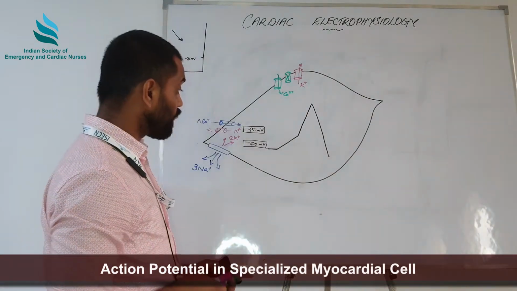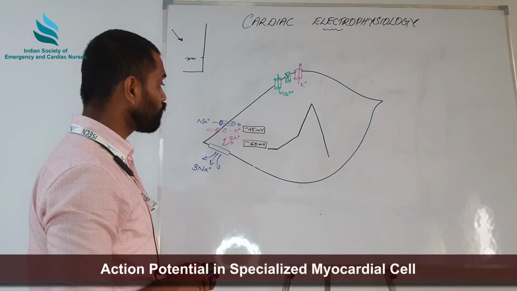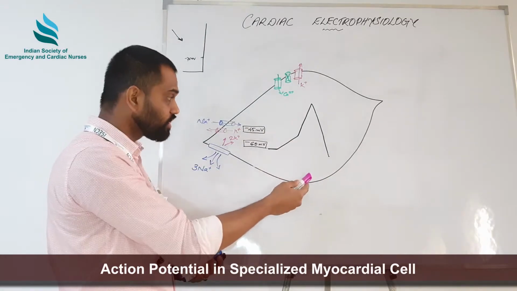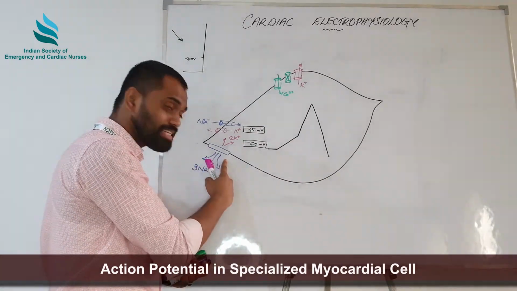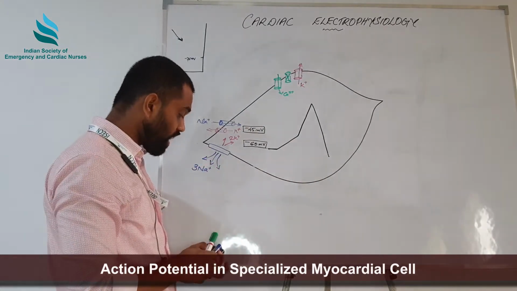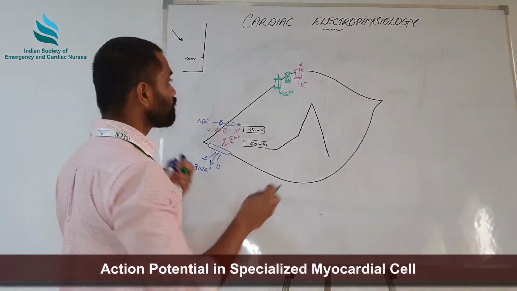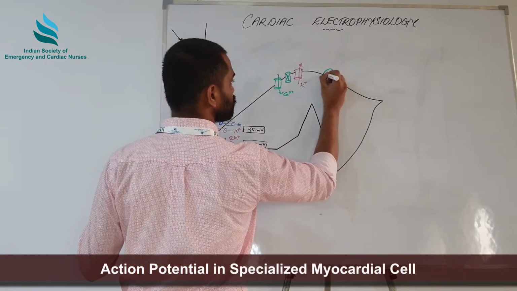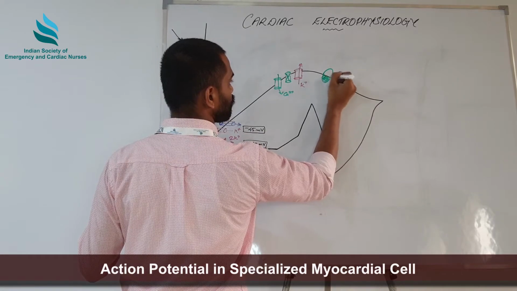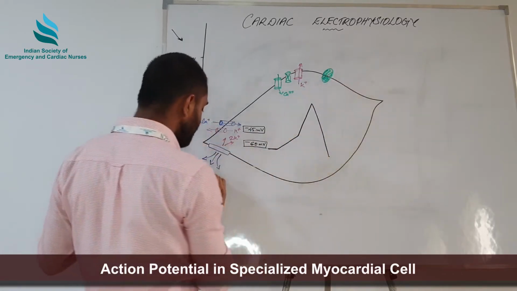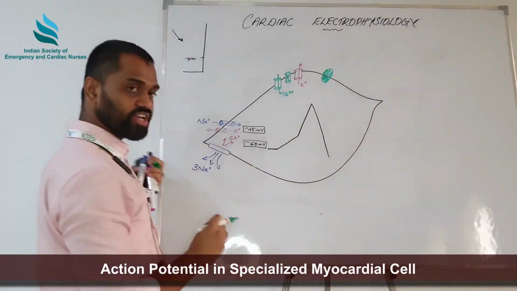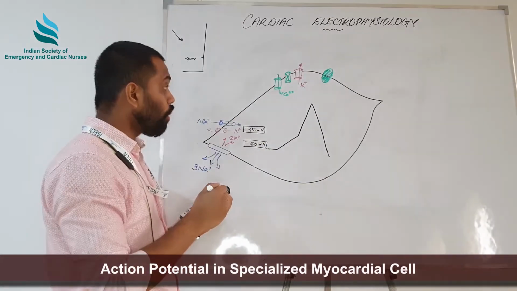Now, what happens again? Here we have all those mechanisms involved. Here we have sodium potassium ATPases. Here we also have the calcium sodium exchangers. The sodium potassium ATPases and the calcium sodium exchangers will take back all the ions.